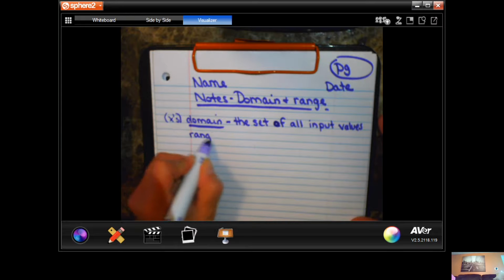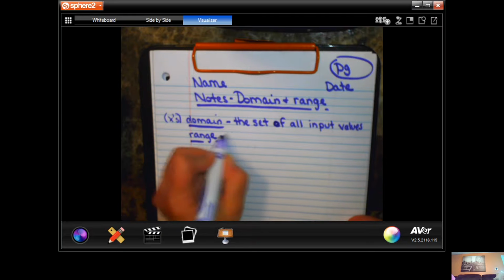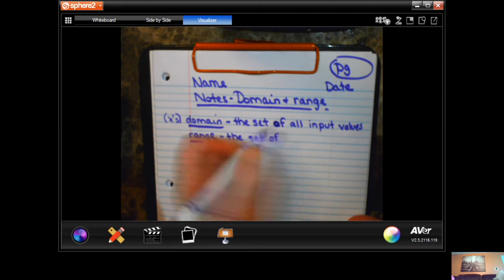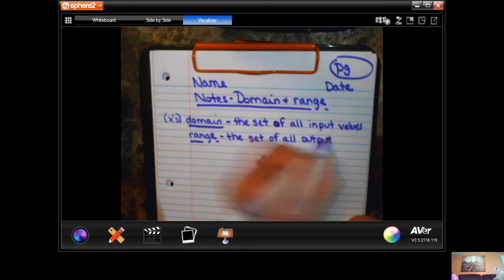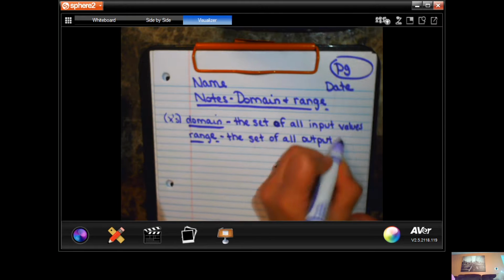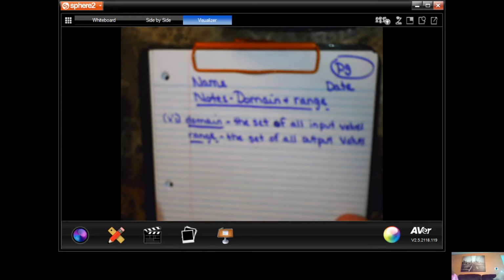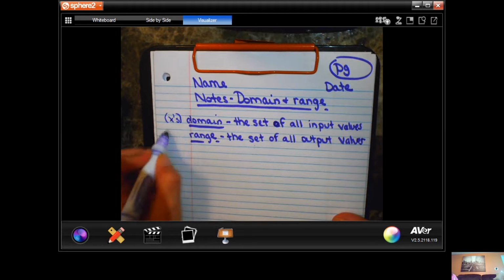So can you write range for me? Your range is the set of all output values. I'm just making this a little less blurry, hopefully. And your range would be your y's.